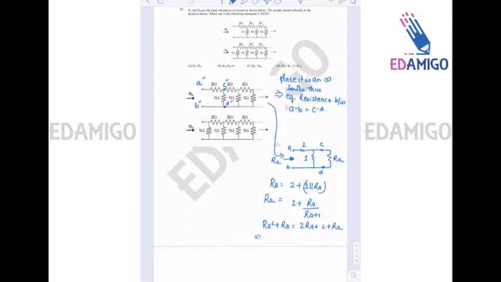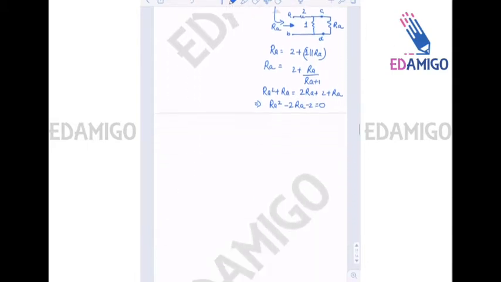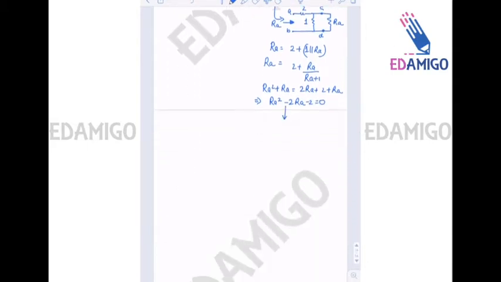So the equation that I will get is RA square minus 2RA minus 2 is equal to 0. Solving this equation I will get two results. One will be positive, one will be negative, so I will take the positive result, that is root 3 plus.